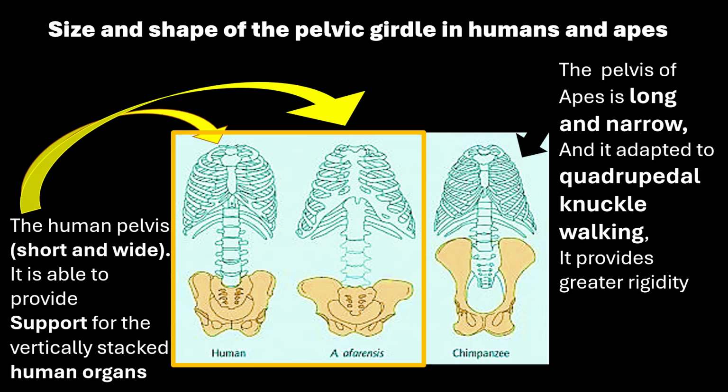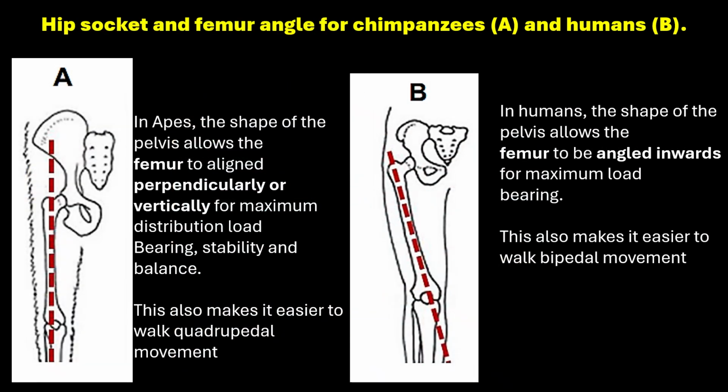All right, then we have some other areas we also have to explore. The hip socket and femur angle for chimpanzee. We have A. If you look carefully, A does not represent human, it represents apes.